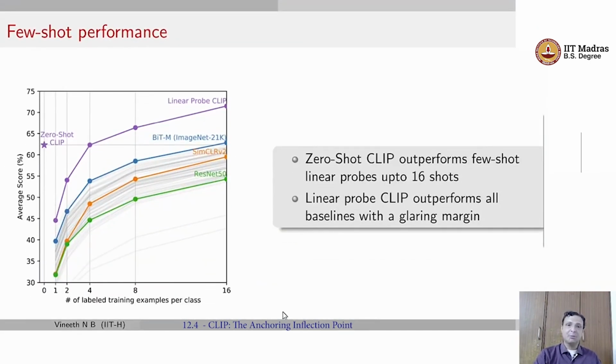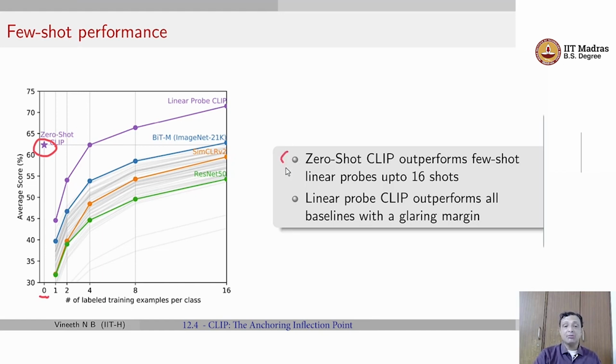Here is their experiments on the few shot learning performance of CLIP as compared to its zero shot performance. You see here that the zero shot performance of CLIP is right here, where it takes 0 samples from each of the zero shot classes.